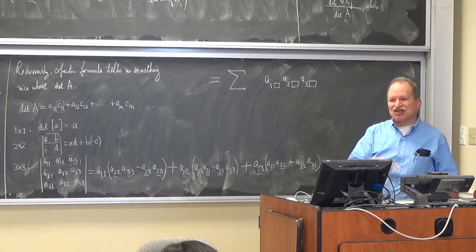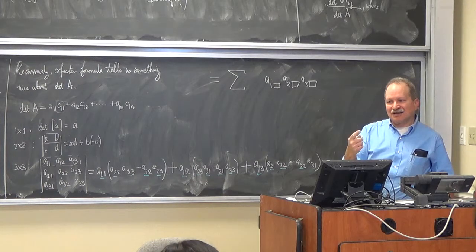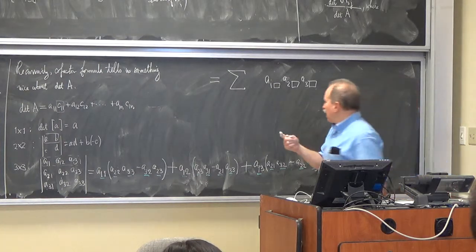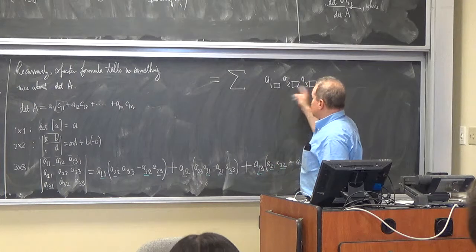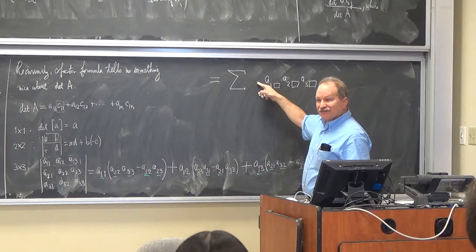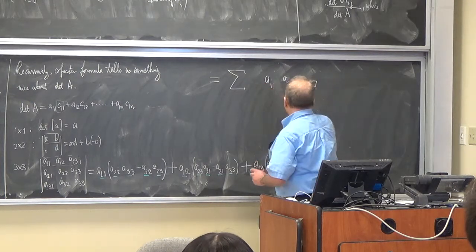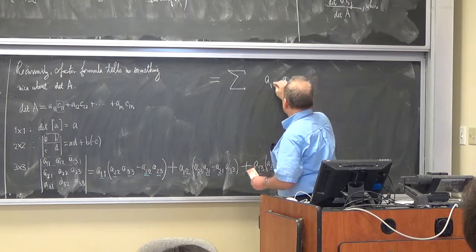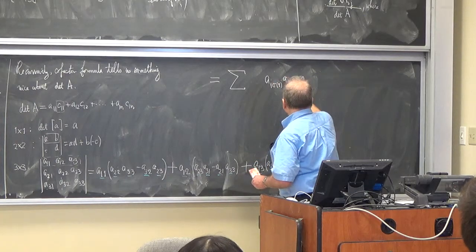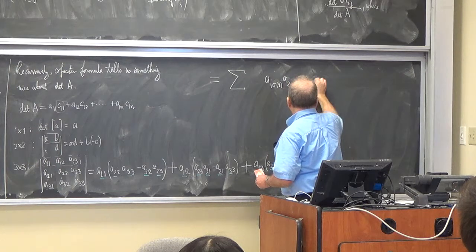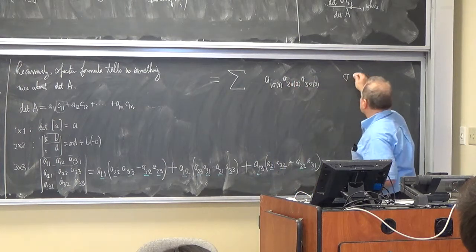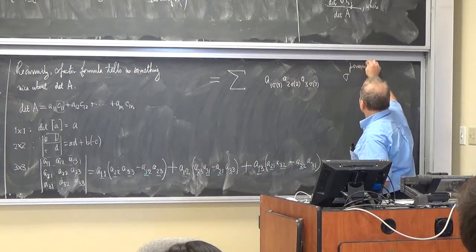That's called a permutation of the numbers 1, 2, 3. And they're not all paired with pluses. There's plus or minuses here. So what's actually happening is that there is something I'm going to call sigma, which is called a permutation.